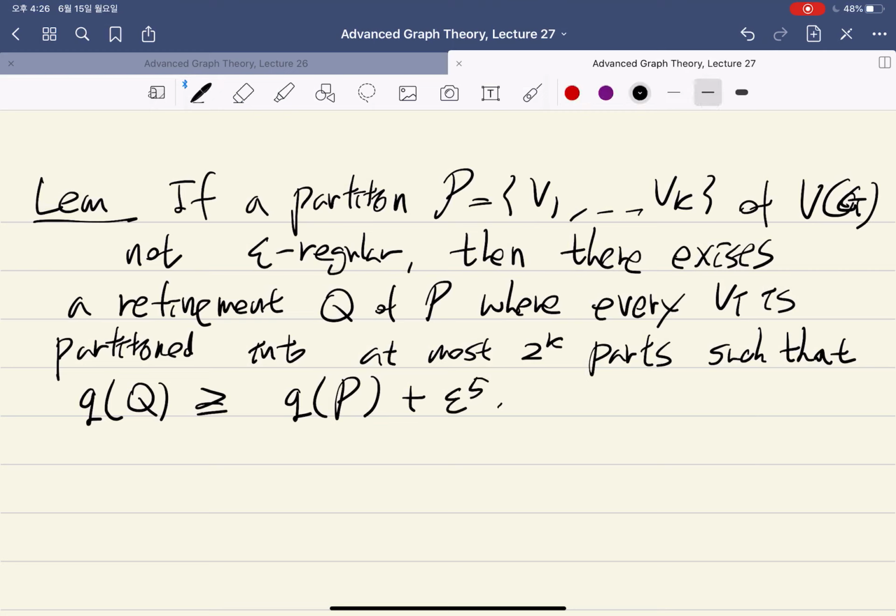So this is roughly what we want to do. Our idea was that we take a certain partition, and if it is not epsilon regular, we take a refinement. And then our function, energy, goes up by epsilon to the 5.